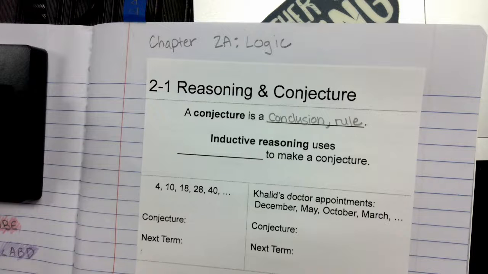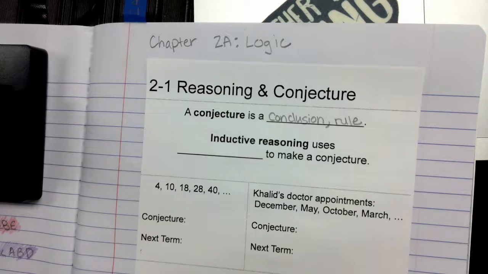So if you make a conjecture, my favorite game to play, and no one ever plays with me because I'm so good at it, is Clue. And when you play Clue, you make conjectures, you make conclusions, and you say, I suspect it was Mrs. Peacock in the dining room with the candlestick. And that's a conjecture. You're making a conclusion. Okay? It's a great game.